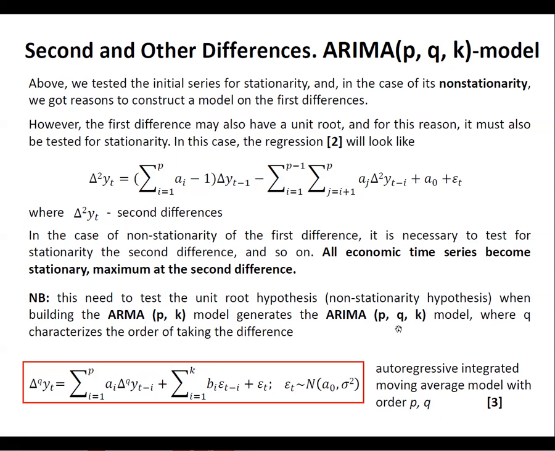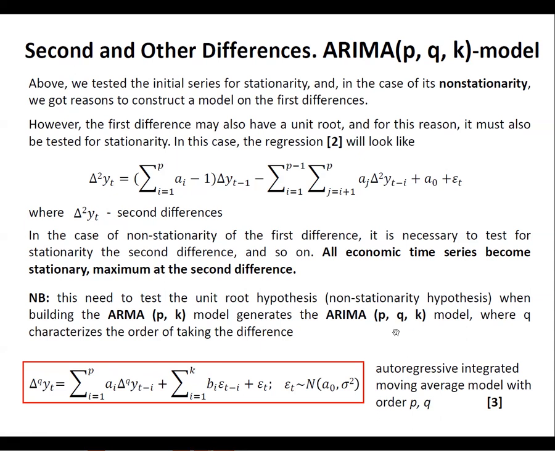Integrated refers to the order of taking the differences, which is denoted by the letter q. p is the number of parameters of the autoregressive process. k is the number of parameters of the moving average process. And q is the order in which the difference is taken.